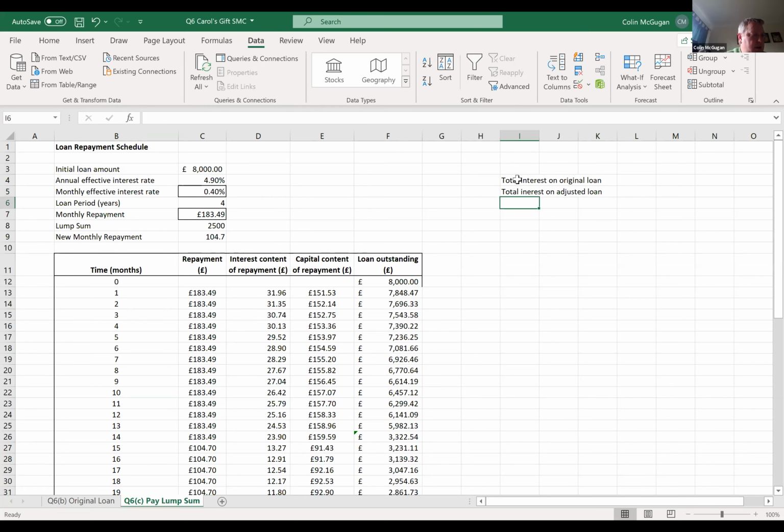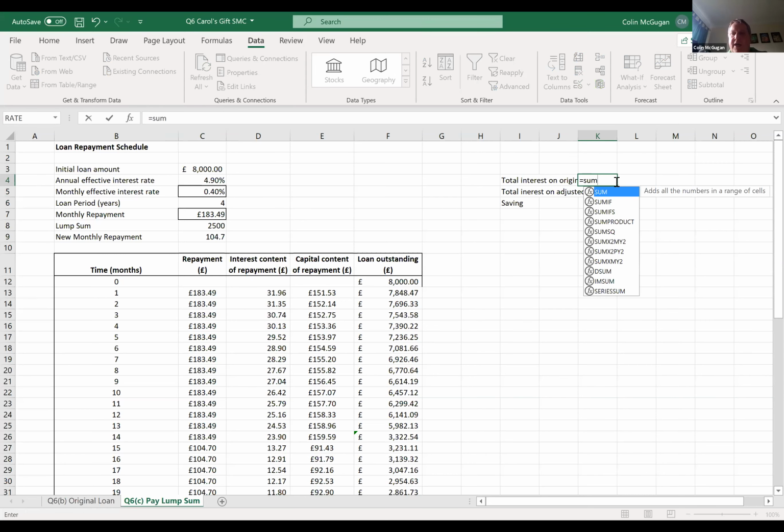And finally, the saving. Now again, we're looking for the spreadsheet to do all our work here. So what we really want here is, we're looking for the candidates to realise that the answer for the first one, the total interest on the original amount, is on the first spreadsheet that they've got.